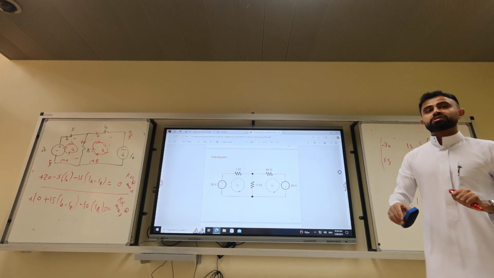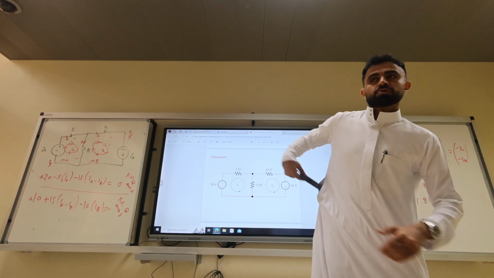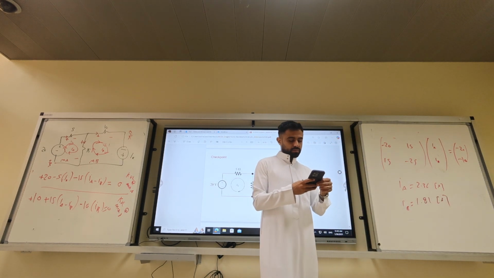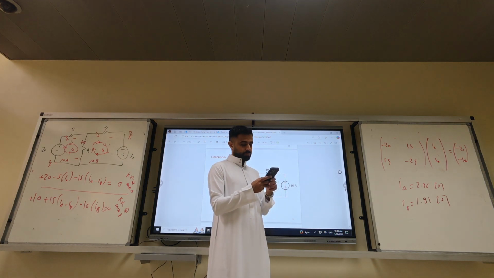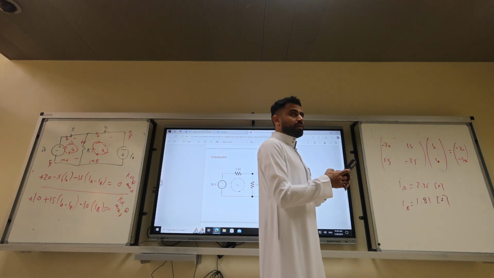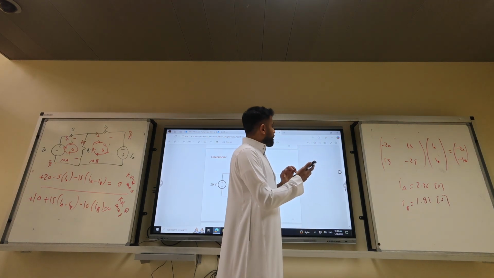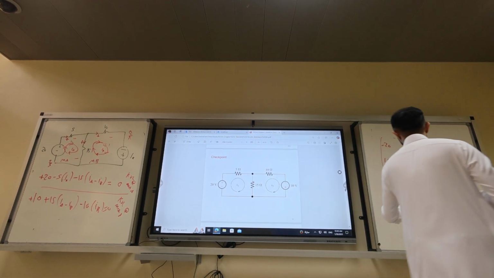Any question about the checkpoint? Let me also verify that. That's correct. Actually, the question asked about the power delivered at the 15 ohm resistor. So what is I15?